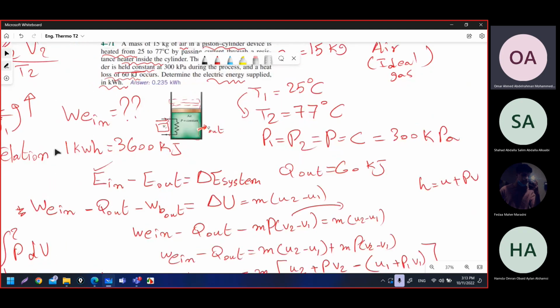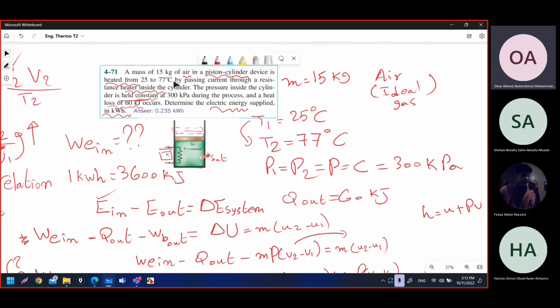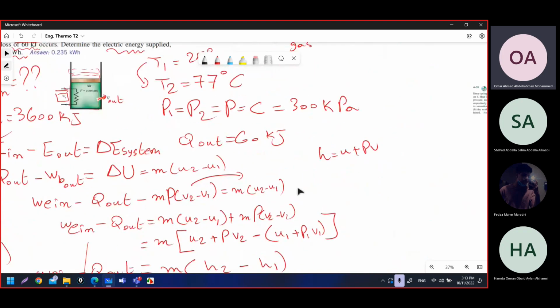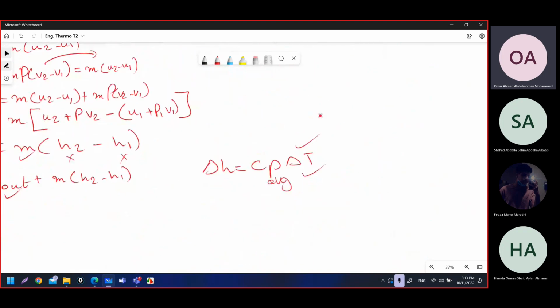In the question, he gave me two temperatures, 25 and 77, at state 1 and state 2. So I have delta T, and I can find the specific heat at T average, T1 plus T2 over 2, in the table.